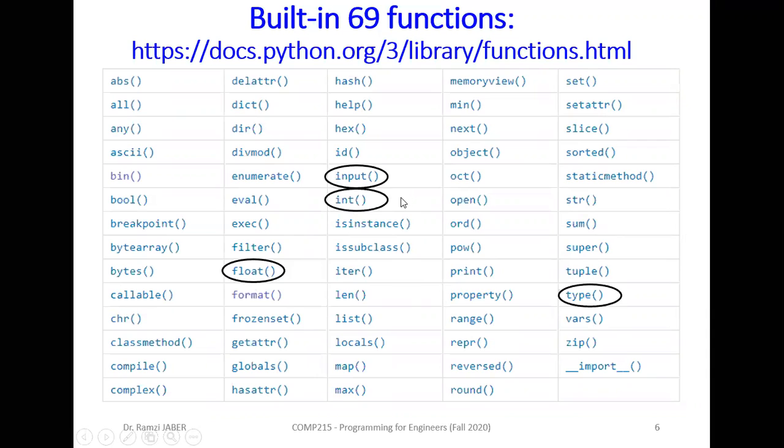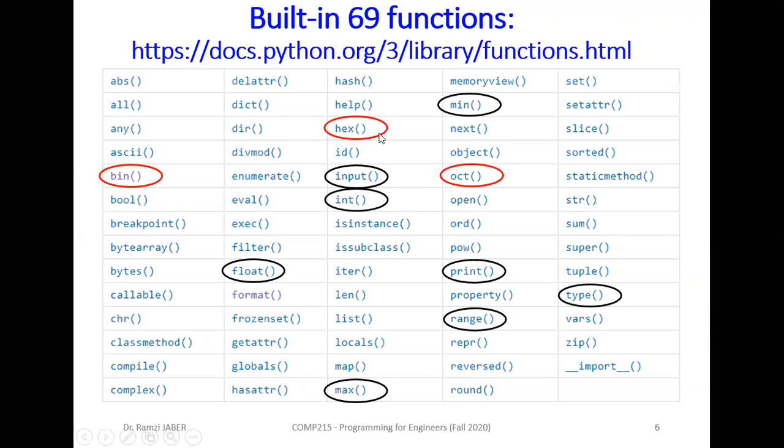Also, we took input data and output data with print. We use the range function in for loops, and we did some examples of max and min in a list or subset. Now, today we'll talk about bin, oct, hex.